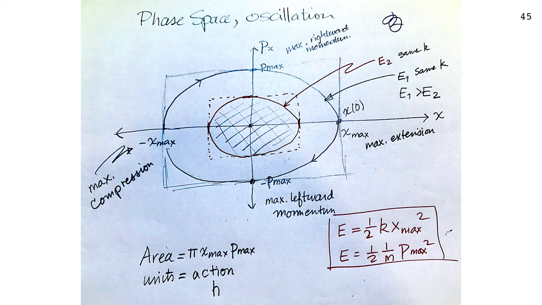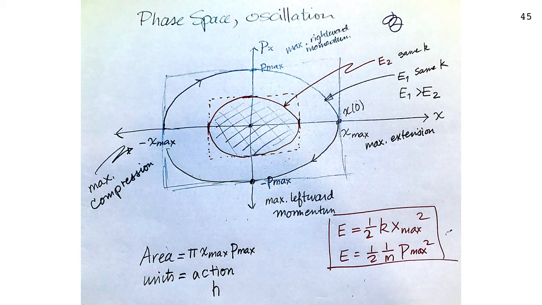Let me ask you a question here. Which of these ellipses, the inner or the outer, has a larger total energy? Outer, you think?